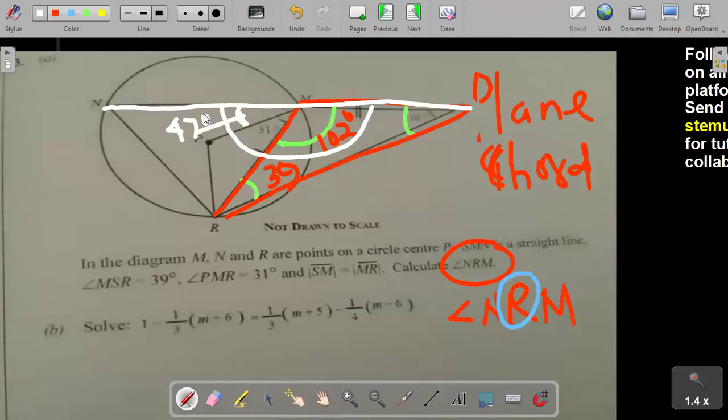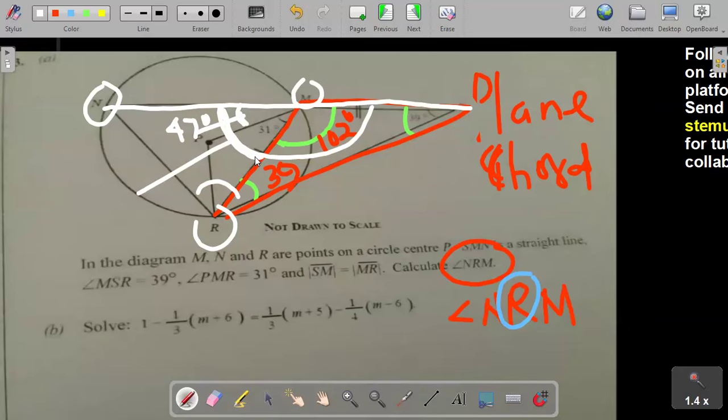So we are getting there to find the value of N arrow M. The whole of this is what we are looking for. Okay? So now that I've got 47, this whole angle M is simply 31 plus 47. What is 31 plus 47? 47 plus 31 will give us 78.